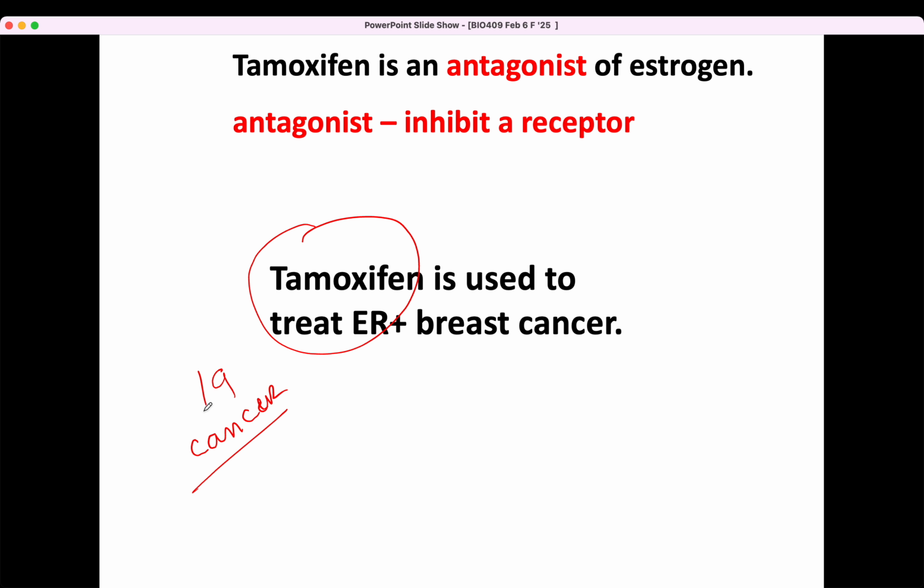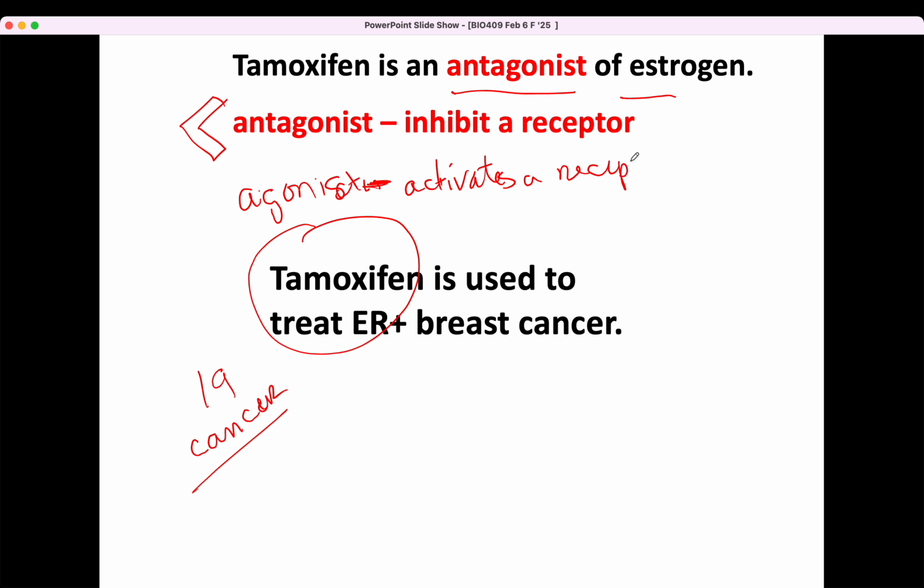So this is a drug, and it's an antagonist of estrogen. So we have to learn three words here. An antagonist inhibits a receptor. An agonist activates a receptor.